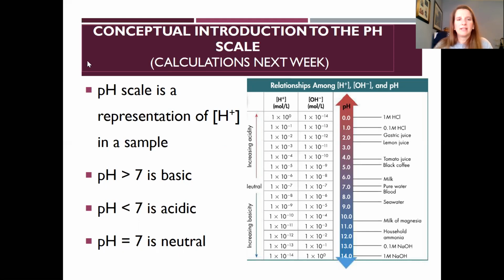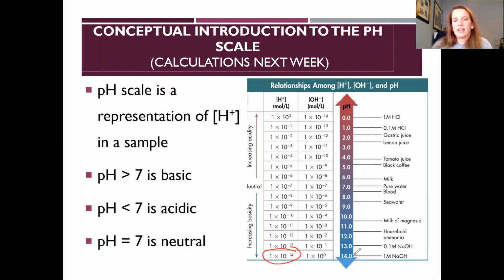Bases have very little hydrogen ion concentration, and you can see that they have a high pH. Acids have a higher hydrogen ion concentration, and they have a low pH. So these are opposite of each other. If something has a high hydrogen ion concentration, it's going to have a low pH, and a low hydroxide ion concentration.